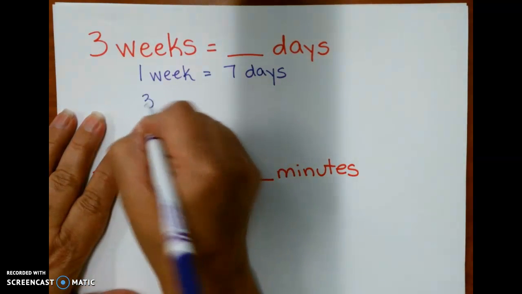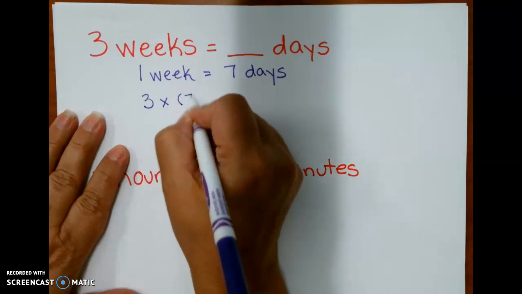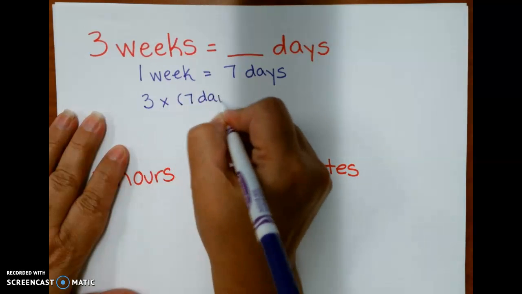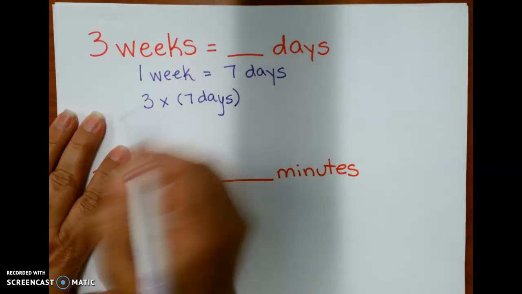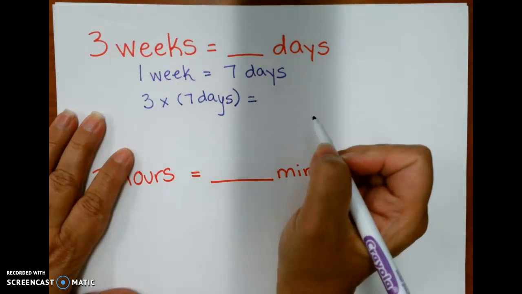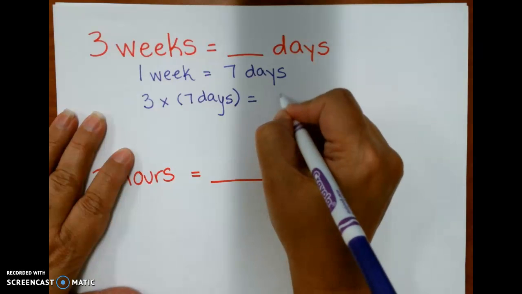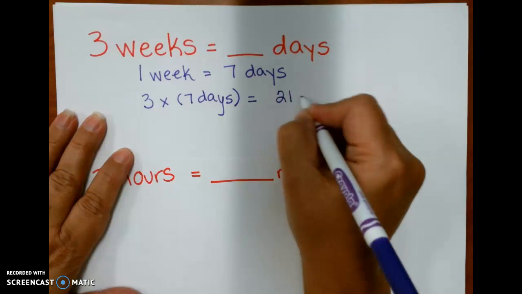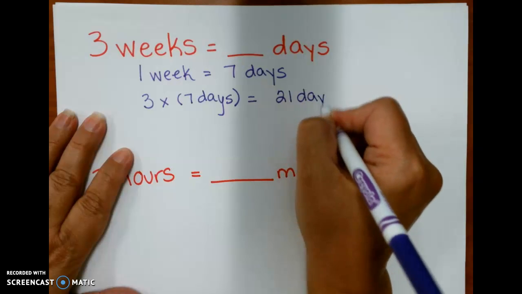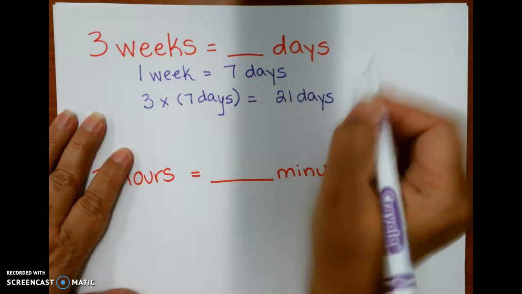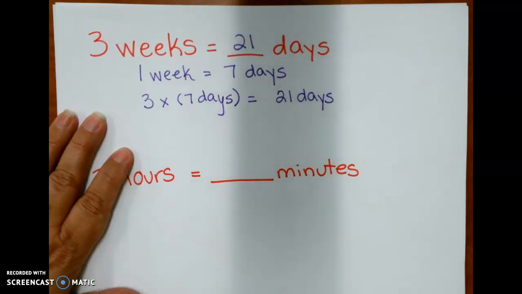So we're going to take 3 times 7 days equals how many days? So we have 21 days. 3 times 7 is 21. 3 weeks equals 21 days.